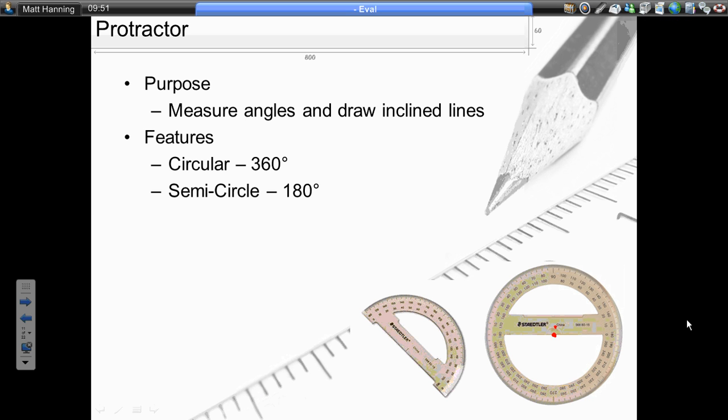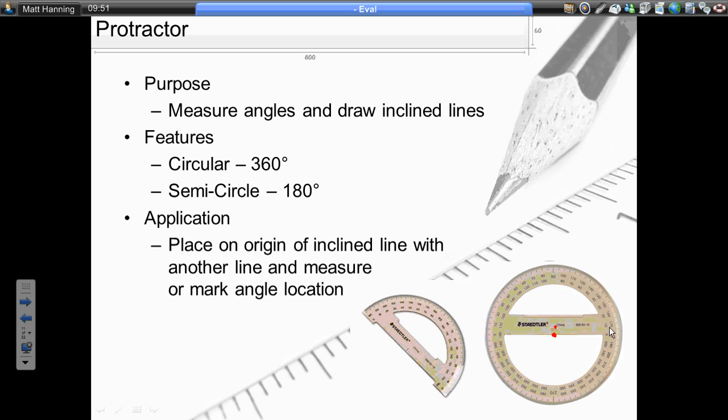Just go mark your horizontal. There we go. Say you want a 44-degree angle, mark that, and then you can just draw your angle that way.